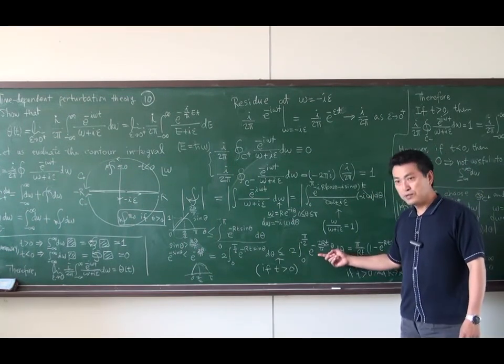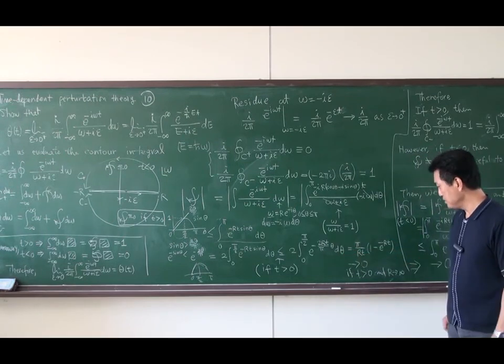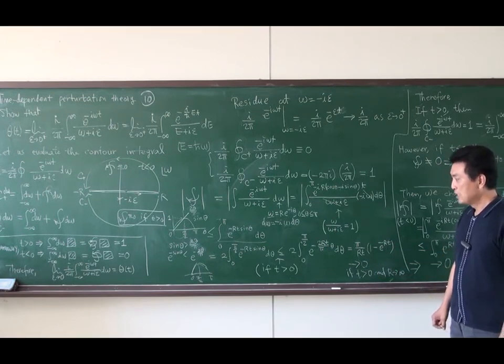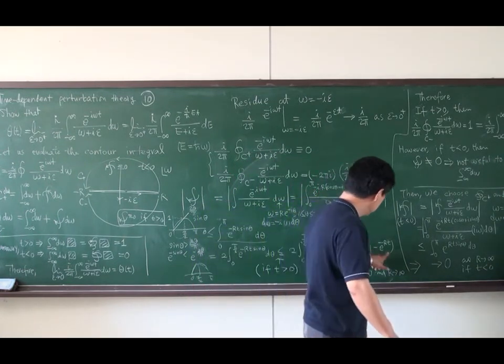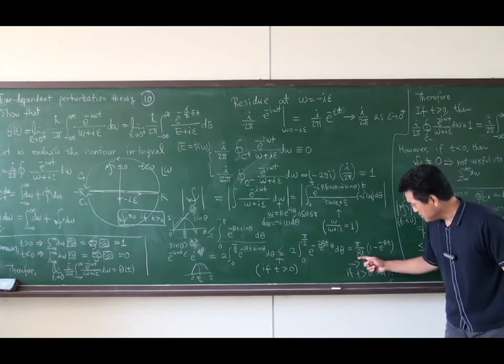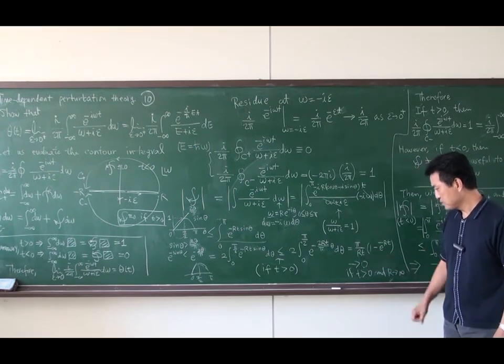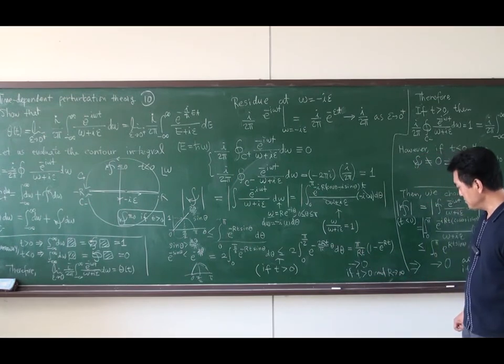Now we can integrate the theta out. The value of the final result is pi over RT, 1 minus exponential minus RT. As r goes to infinity, this goes to 0, and the first term goes to 0, whether t is positive or negative.